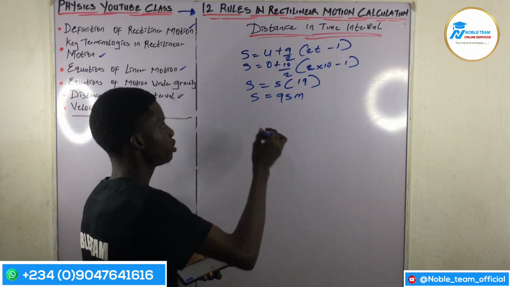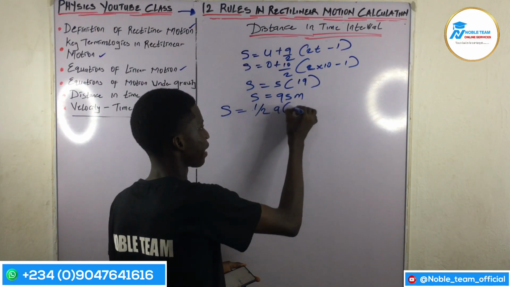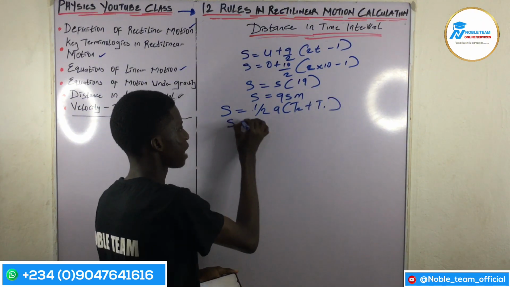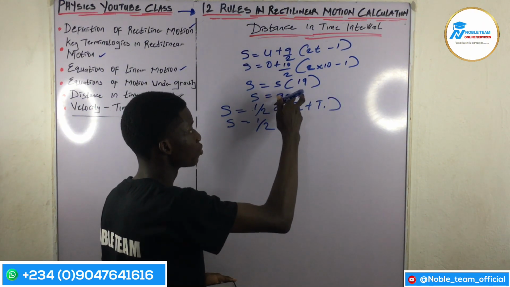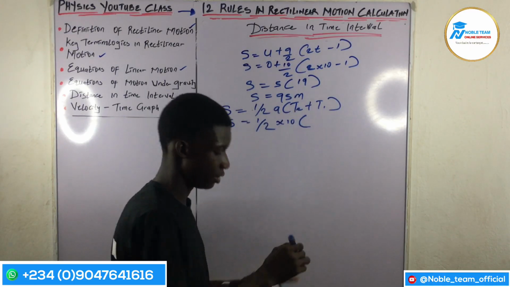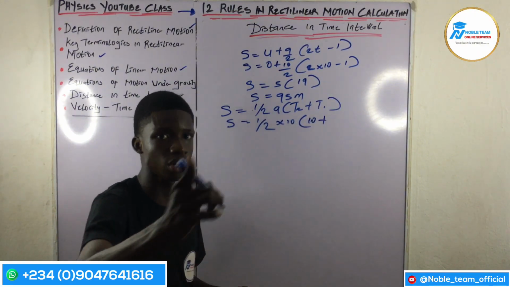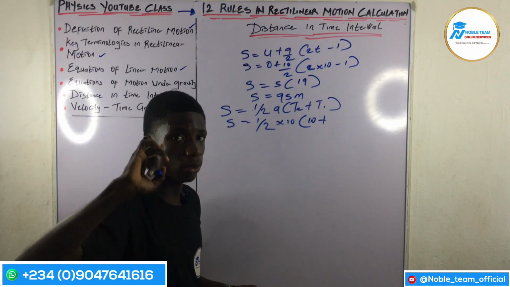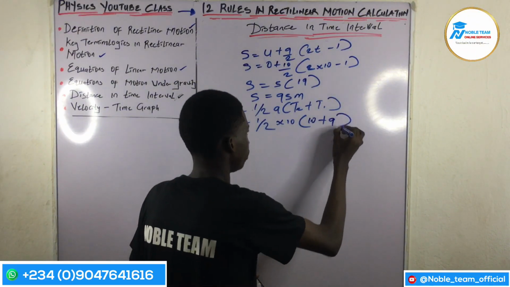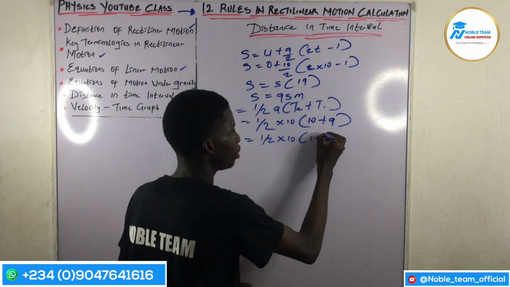Now I'm going to be using this shortcut, which is s = 1/2 a (t2 + t1). Here a is 10, multiplied by (t2 + t1). Here t2 is 10 seconds, then t1 is going to be 9. Remember what I said: if the final is 10, the initial should be 9. So s = 1/2 multiplied by 10 times (10 + 9), which is 19.